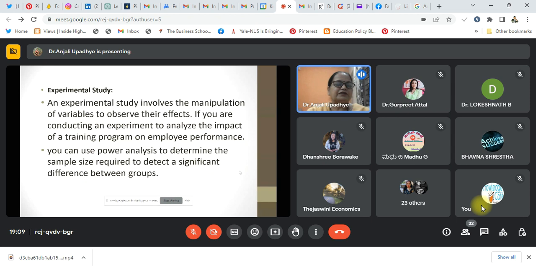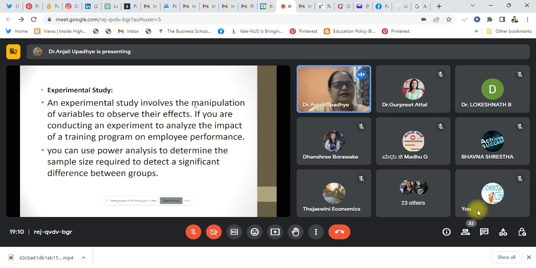Next one. Here we are discussing experimental studies. Experimental studies involve many variables or the manipulation of variables. Those may be dependent variables and independent variables, and we observe the effect of those variables on a dependent variable. Take a simple example of the SOR method. What do you mean by the SOR method? It is the stimulus, response, and outcome method.